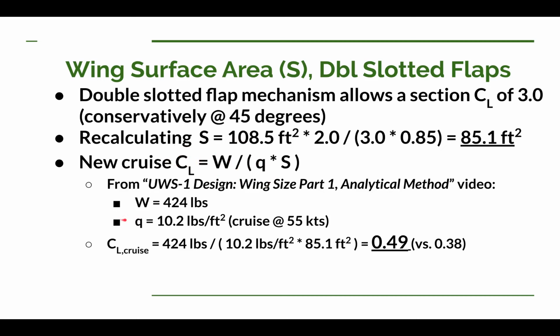You may not remember, but we calculated Q back in Part 1 to be 10.2 pounds per square foot when we're cruising at 55 knots, which is our maximum allowed cruise speed for a Part 103 Ultralight. So let's go through that calculation. We stick in our numbers and we come out with a lift coefficient at cruise of 0.49. Well, it used to be 0.38 with our original wing.